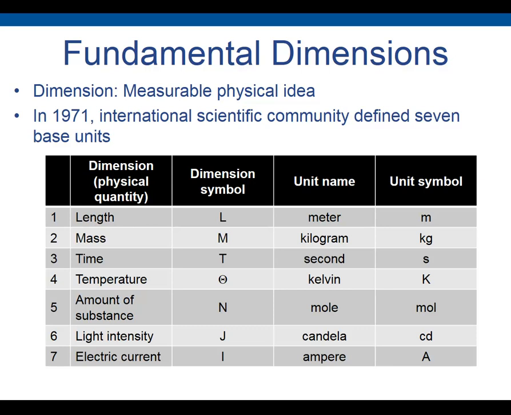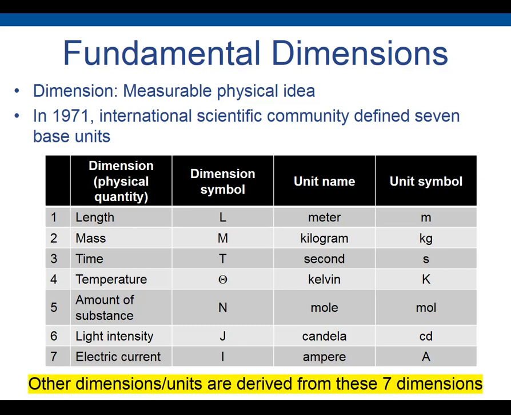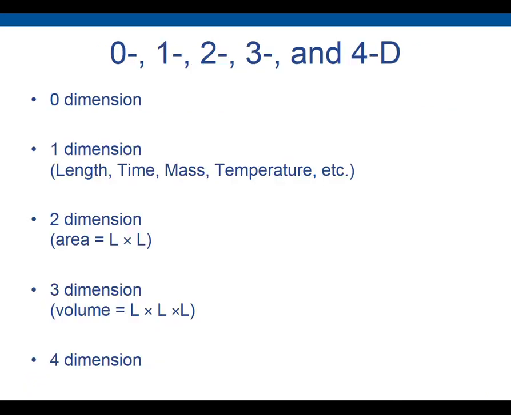How about mass? Mass has gram, kilogram, pound, sometimes slug. I'm not familiar with the slug, but there is such a unit. Alright? We can use these fundamental units to derive many other types of units. We will learn that part later in this chapter.